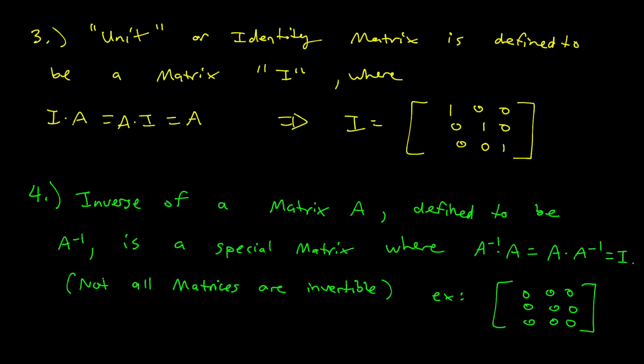The inverse of a matrix A is defined to be A to the negative 1 power. It is also a special matrix where A times A to the negative 1 equals A to the negative 1 times A equals the identity matrix. And note that not all matrices are invertible. An example of a non-invertible matrix is a matrix of all zeros, where, as you can see, no matter what you multiply this by, you can never force any of the elements in that matrix to be a 1.